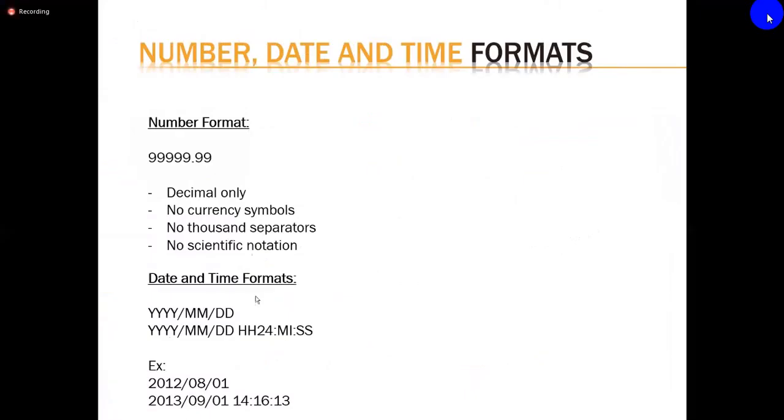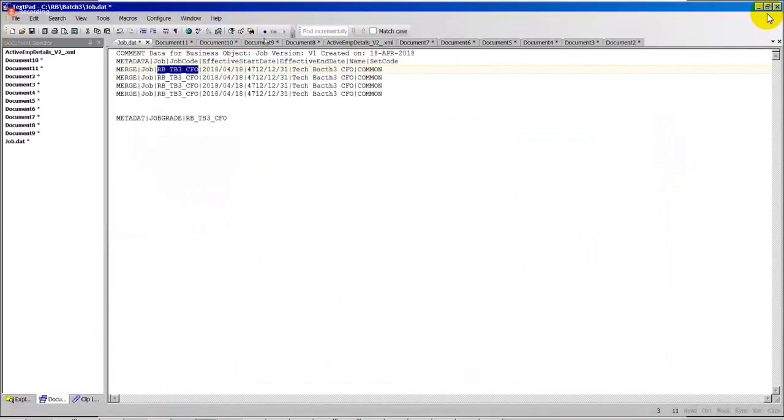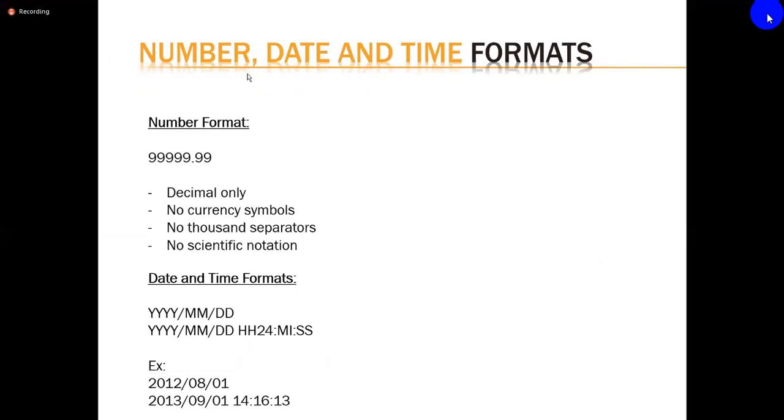This is the way you have to give the data in the HCM Data Loader. That is the reason if you see my previous file, I have given the date in the format YYYY/MM/DD. If you fail to give it, it is going to throw an error. And same if you want to give hours, minutes, and seconds, give them in this 24-hour format.